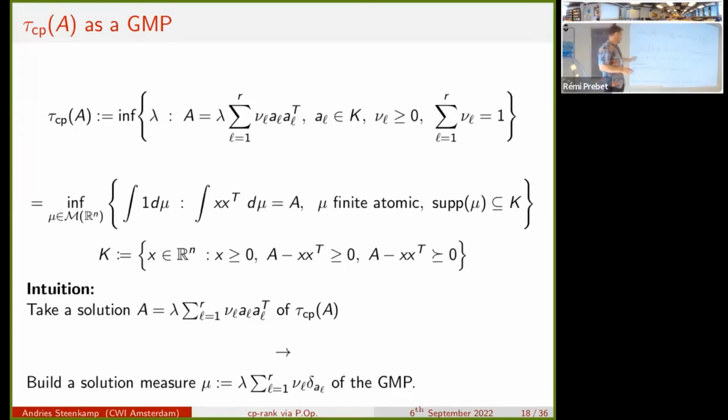So what's the intuition for why this jump works? The intuition is you take a solution from tau CP, and you have a scalarized convex combination of elements of A, and you build your measure just as follows, just using the factors.